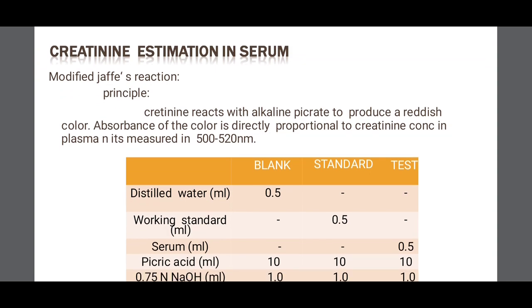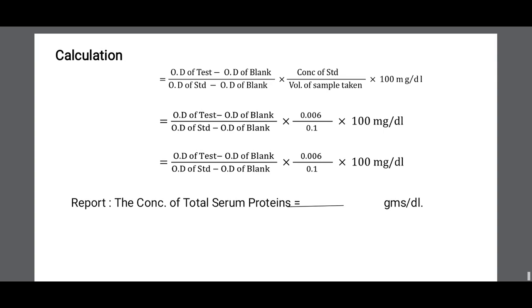The creatinine estimation in serum uses the modified Jaffe method, where creatinine reacts with alkaline picrate to produce a reddish color. The absorbance of the color is directly proportional to the creatinine concentration in the plasma, and it's measured at 500 to 520 nanometers. The procedure is the same as in the estimation of creatinine in urine.